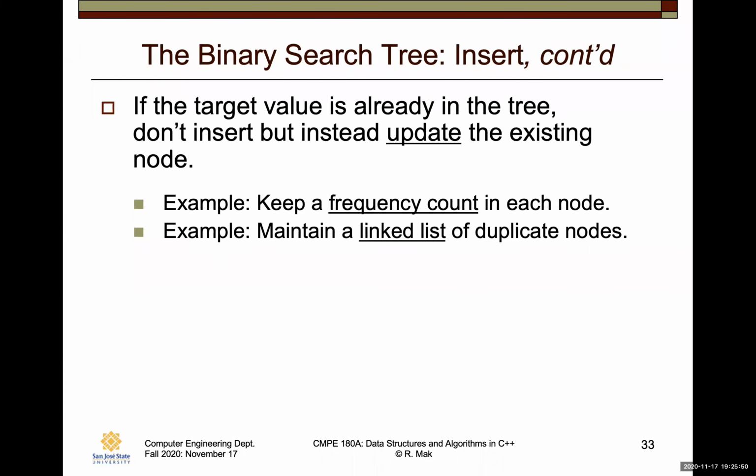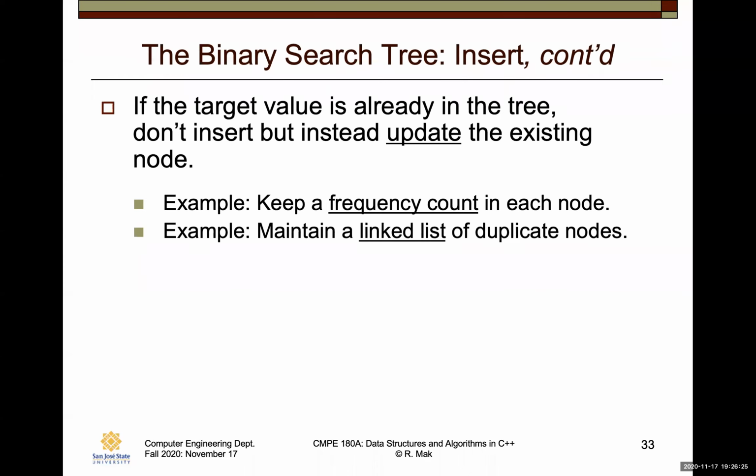Let's say that you have a binary search tree and you already have a 7 in that tree, and you're going to insert another node that is also a 7. So either you update the existing node that's a 7, maybe it's a frequency counter, and you increment it, or if you really have to insert another node, then the 7 that's already in the tree is the head of a linked list of all the other nodes that have the value 7.